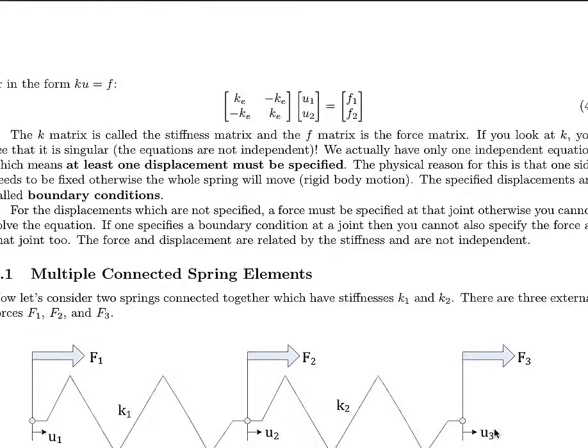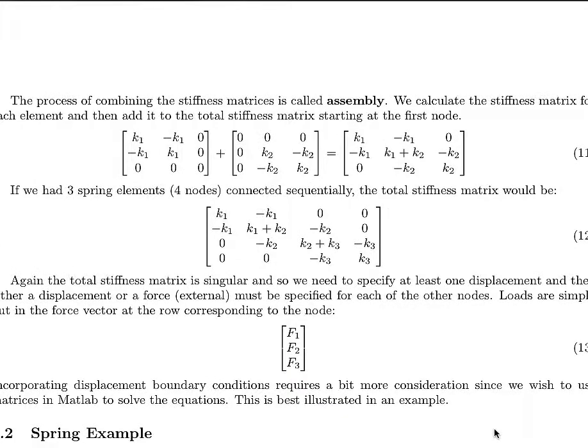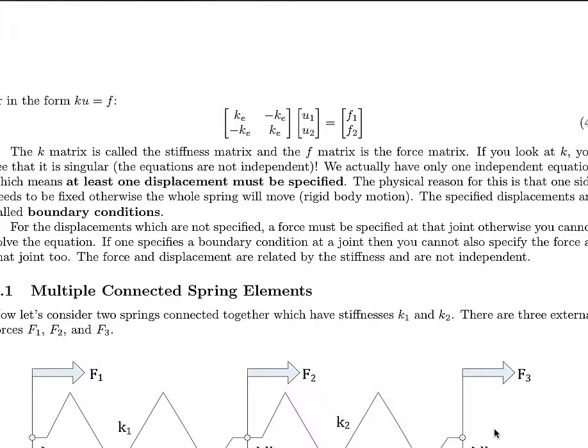So the linear system of equations is cast in a more compact form that has the K matrix times the U vector equals the force vector. So force is on the right side and displacement is on the left side multiplied by the stiffness matrix. That's the simplest approach, right?